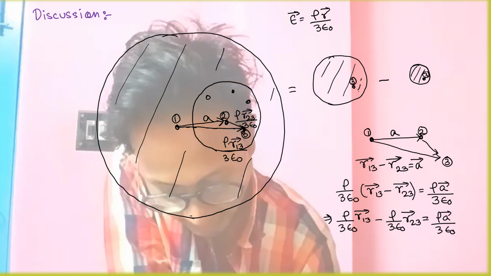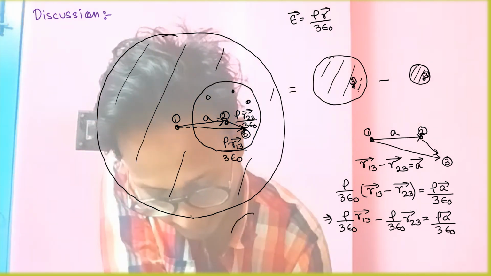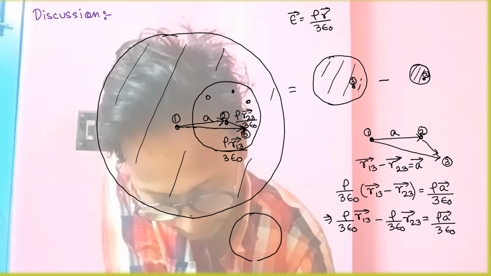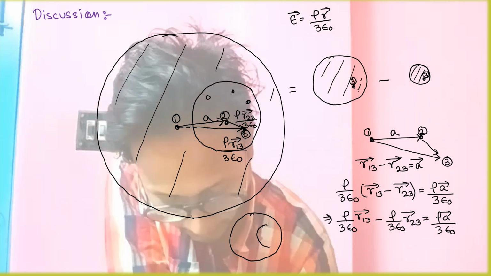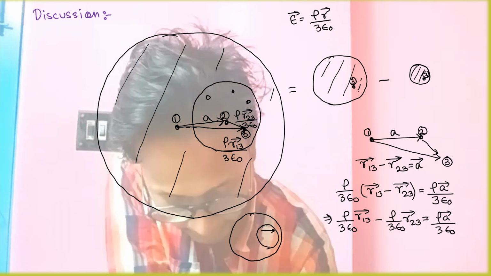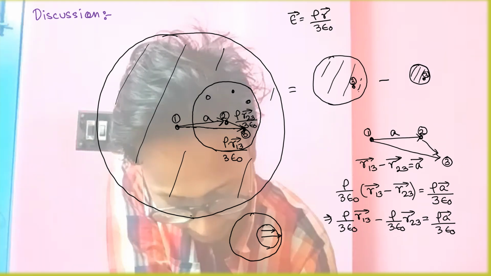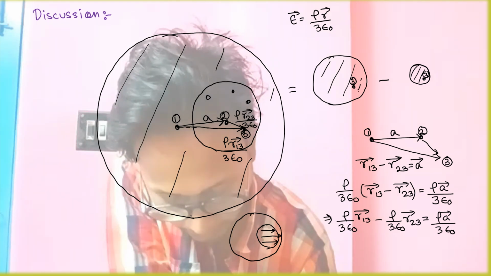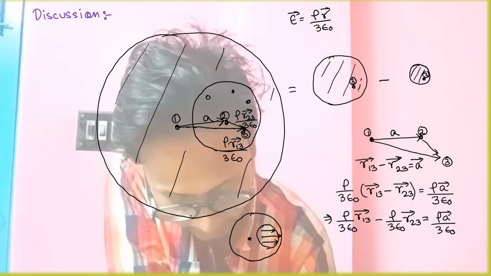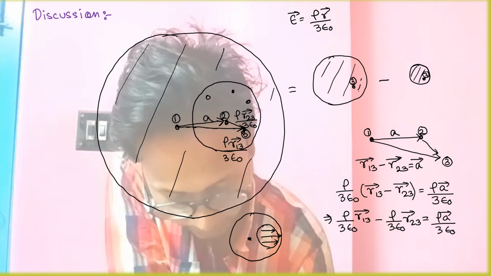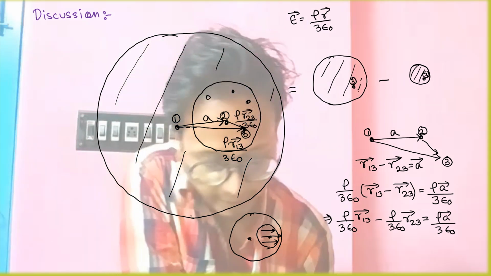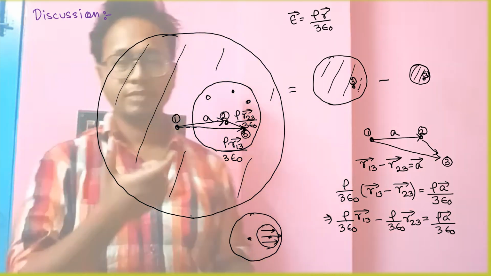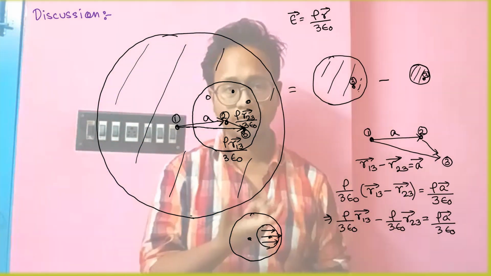Inside the cavity, the electric field is always rho a by 3 epsilon naught, directed from the center of the largest sphere to the center of the cavity.